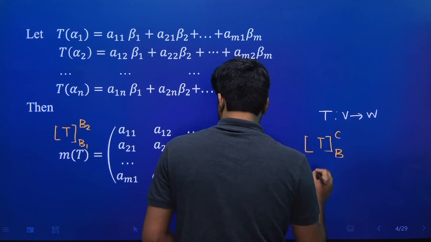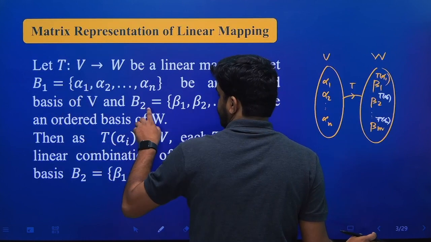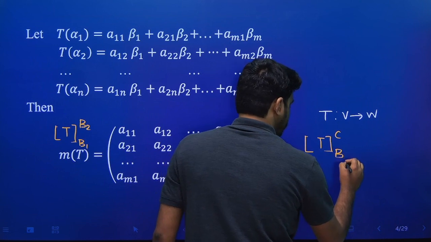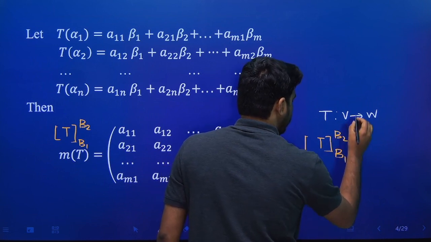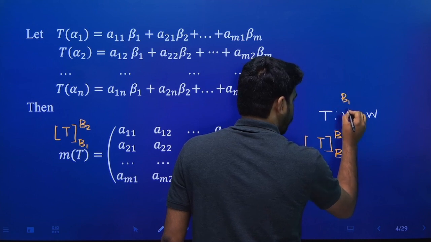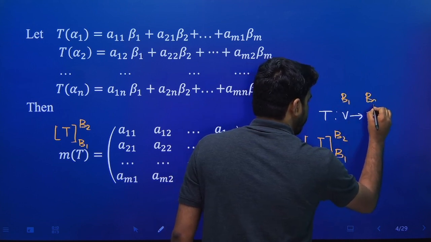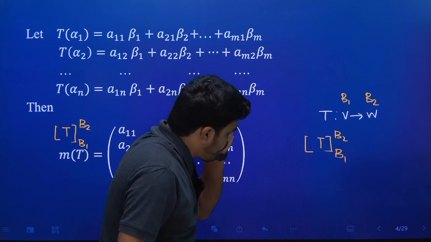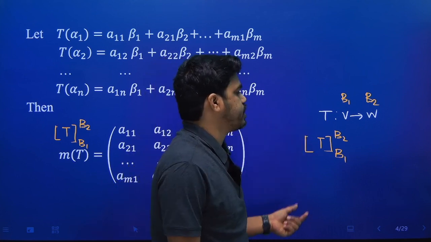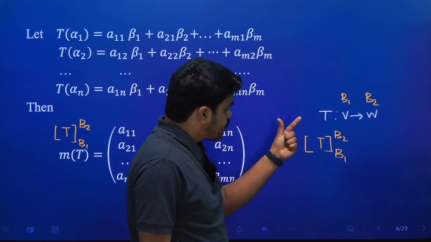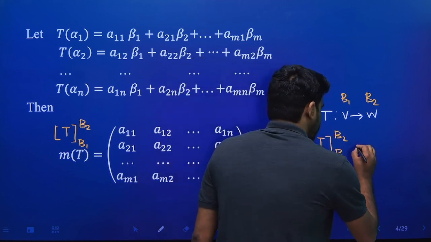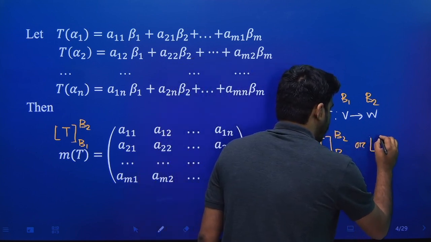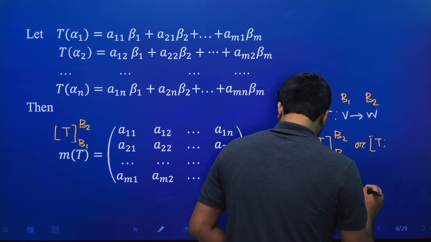Suppose আমরা এখানে b1 b2 বলেছি, so this will be b1 and this will be b2. Okay, b1 is the basis of V, b2 is the basis of W, then the matrix representation of T is denoted by taking b1 to b2, or you can express it in this form also.